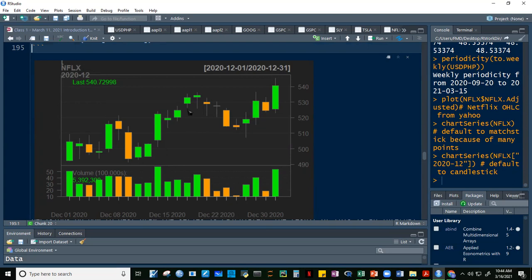Asan yung open, high, low. Ano to guys? Ano to? Tsaka bakit orange yung iba?